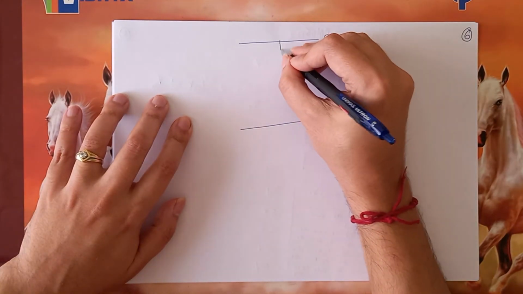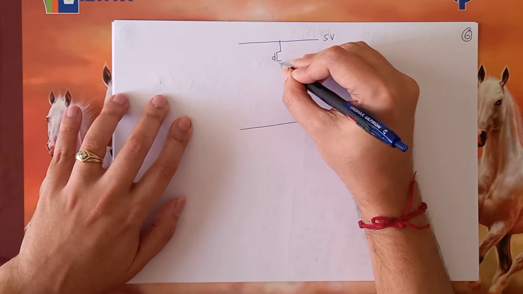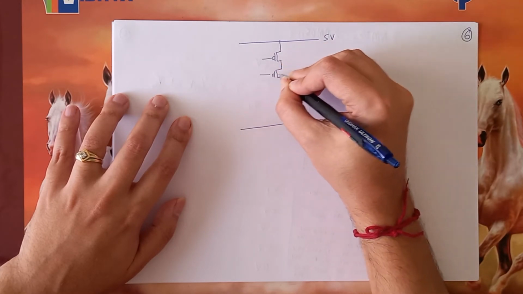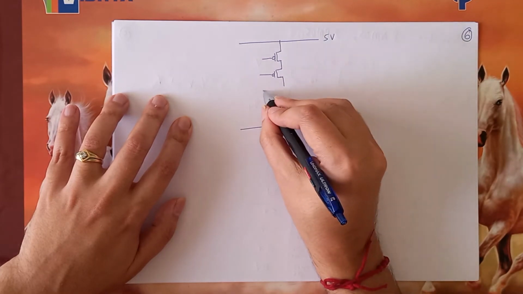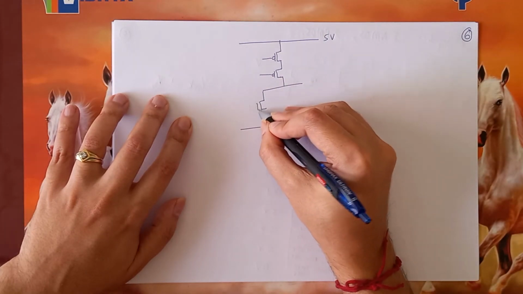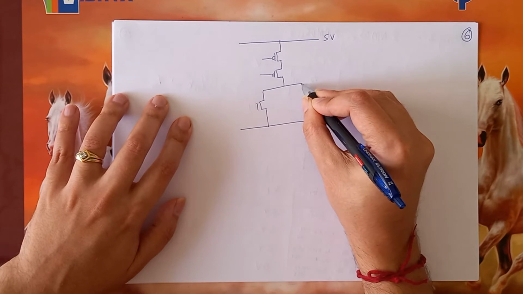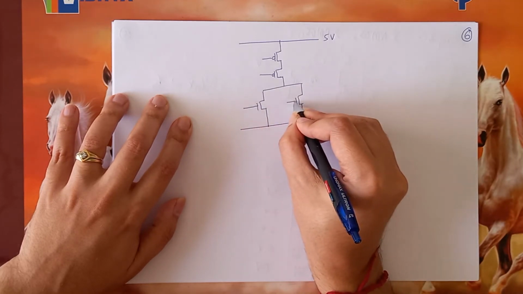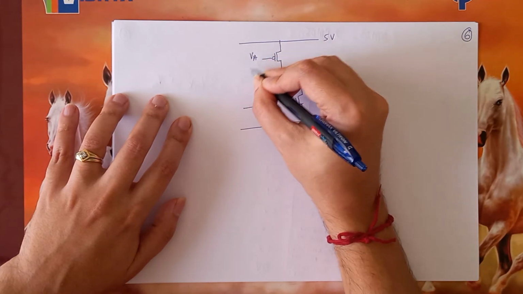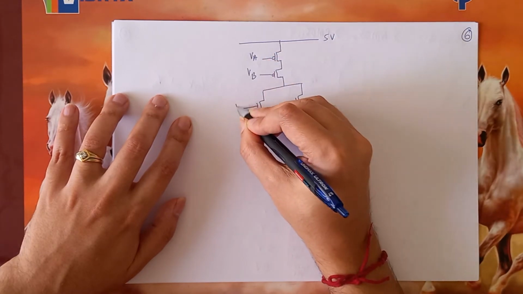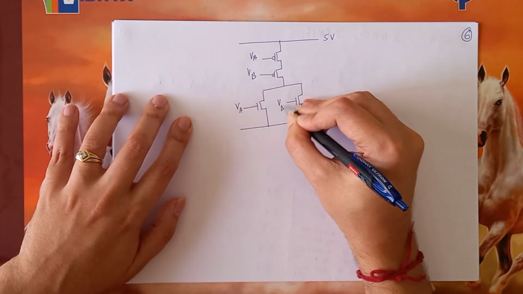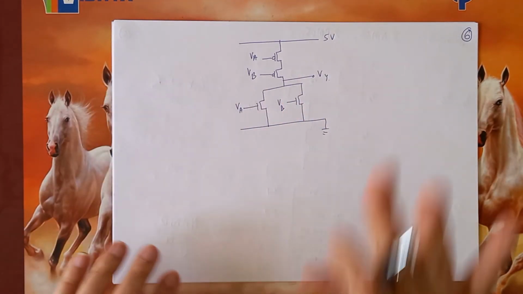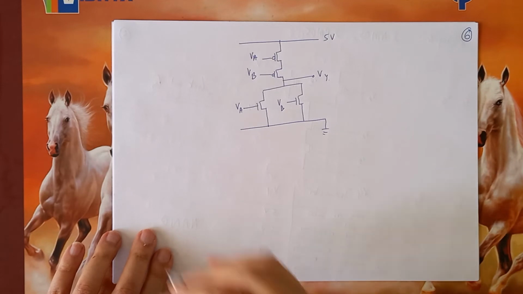Let us now have 2 PMOSes in series and 2 NMOSes in parallel. So the analysis would now just be the opposite.